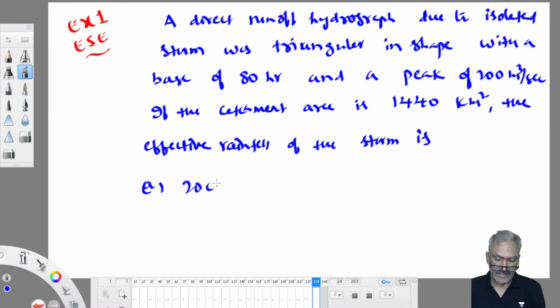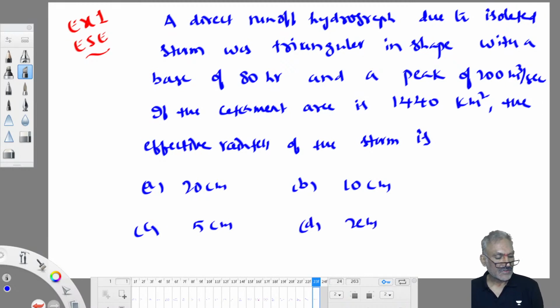A is 20 centimeter, B 10 centimeter, C 5 centimeter, and D 2 centimeter. ESE 2010 question this is. Come on, work out. Let me see how many of you work out.